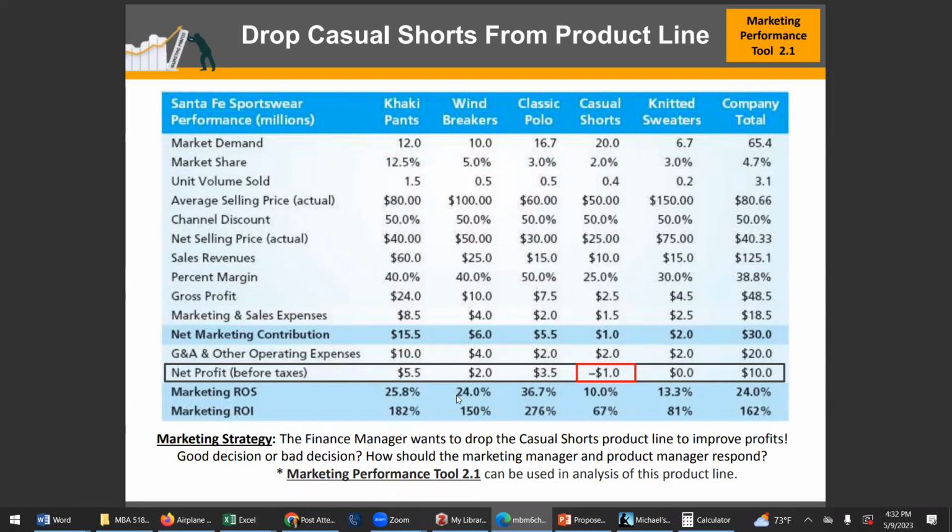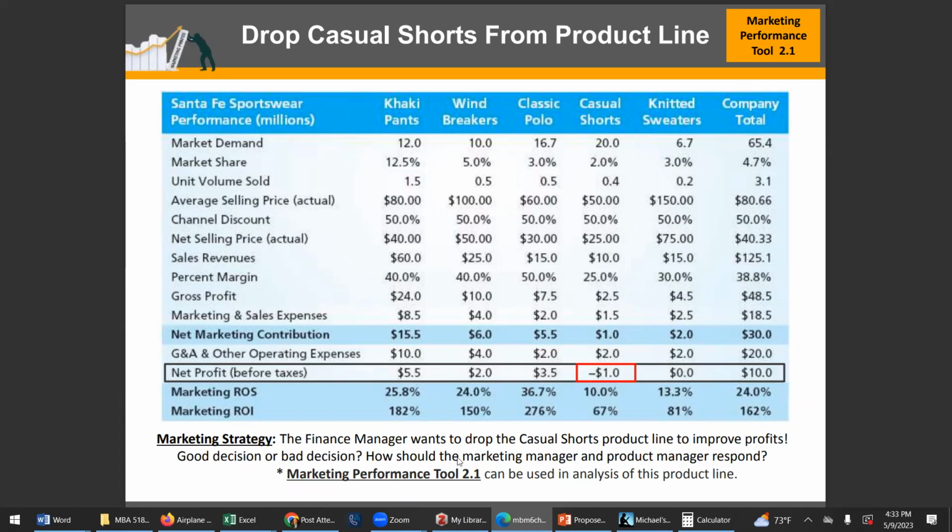It has only a 10% return on sales and only a 67% marketing return on investment, because we're losing money. That's why our ROI is less than 1 here. That one's a little bit suspect, right?